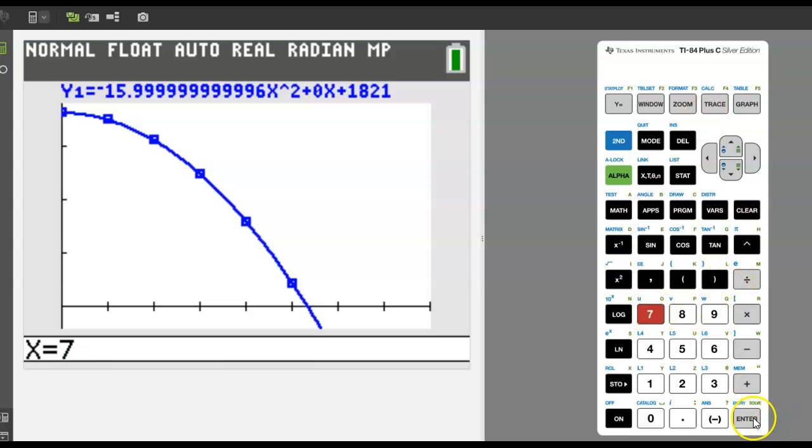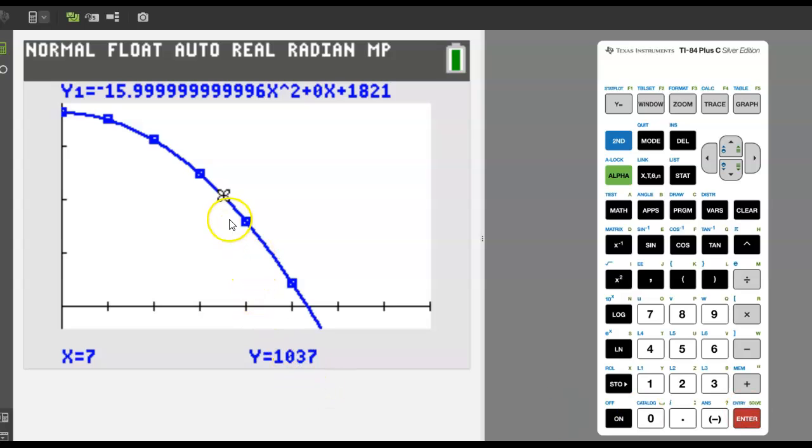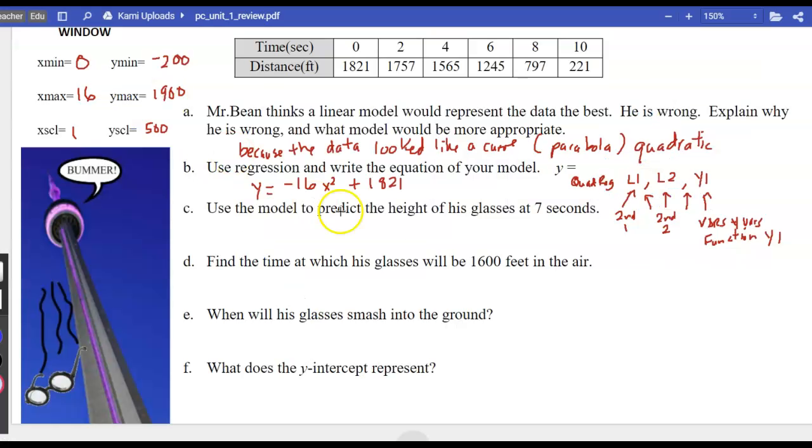So hit 7, enter, and there's my answer, 1037. It seems reasonable. So here I'll write 1037 feet. And really what we did was f of 7, to find out what that was.